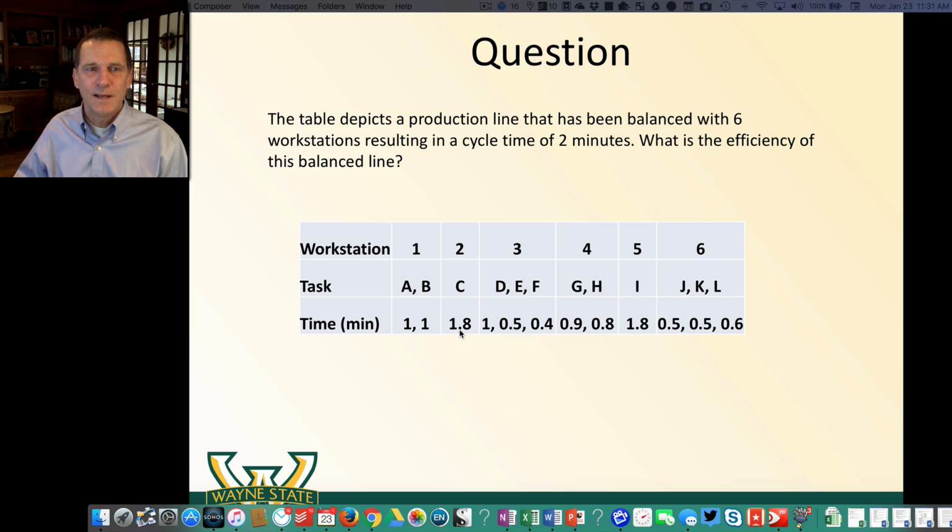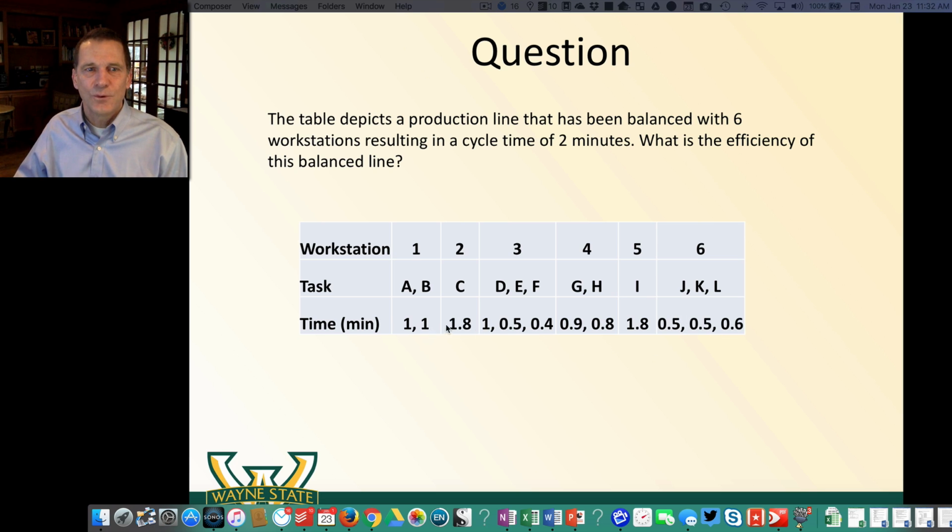This is 1.8, so it has a 0.2 minute idle time. This is 1 plus 0.5 plus 0.4. This is 1.9 for workstation 3. Here's 1.7 for workstation 4, 1.8 for 5, and 1.6 for workstation 6.